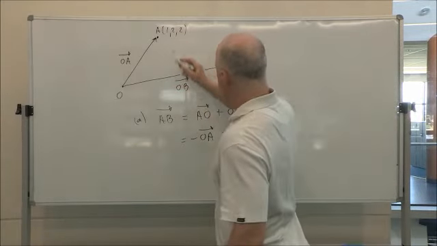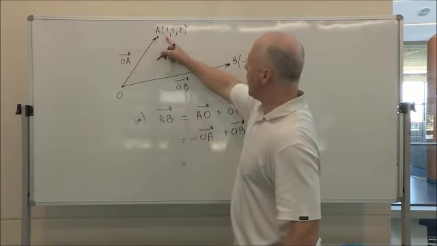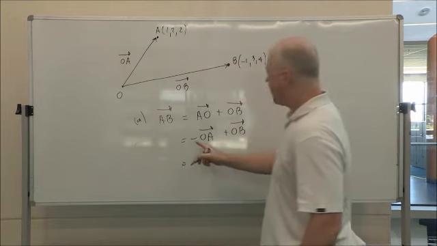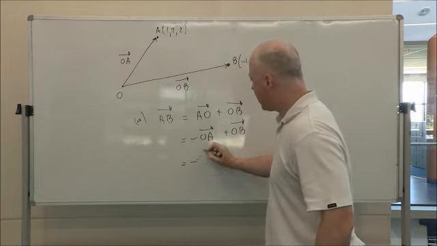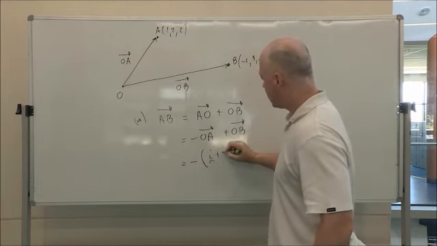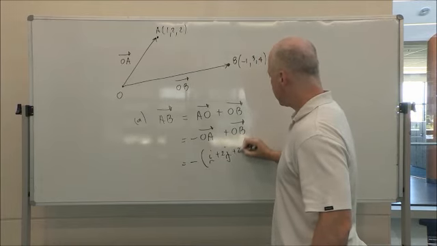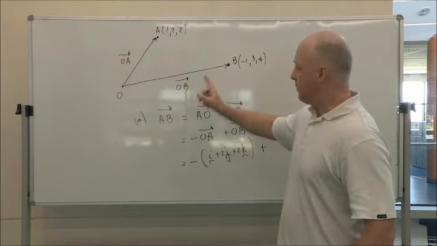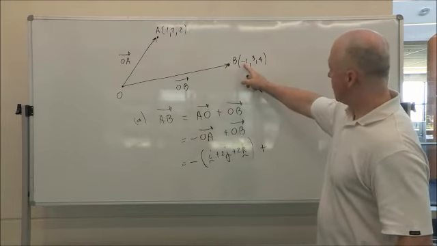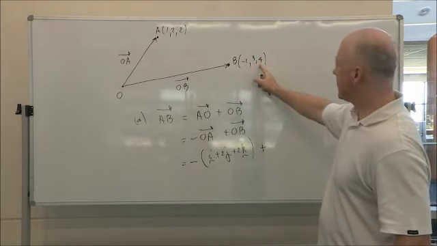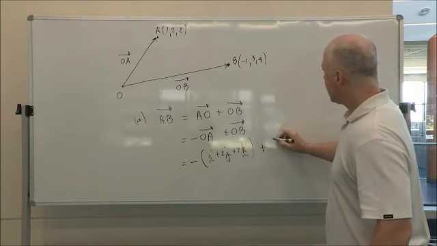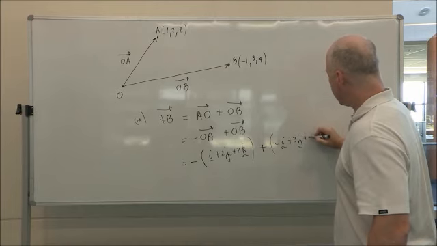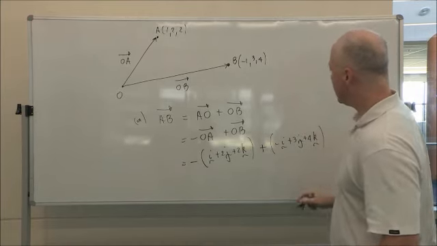The vector OA is just going to be i plus 2j plus 2k, relative to the origin. We want the negative of it, so we'll have a negative: minus (i plus 2j plus 2k). The vector OB, again relative to our origin, is just going to be minus i plus 3j plus 4k.